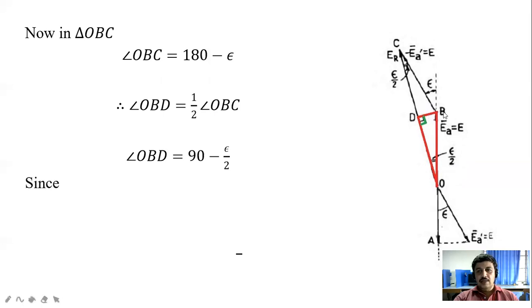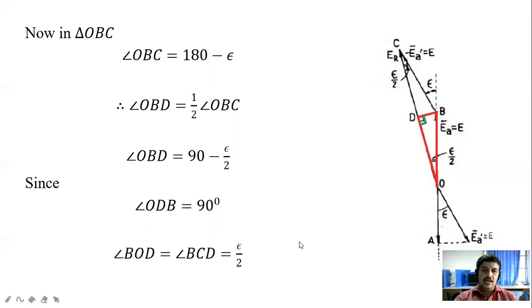Since angle BDO is equal to 90 degree, we can calculate angle BOD as epsilon by 2. Similarly, angle BCD is also equal to epsilon by 2. So both angles, BOD and BCD, are equal to epsilon by 2.